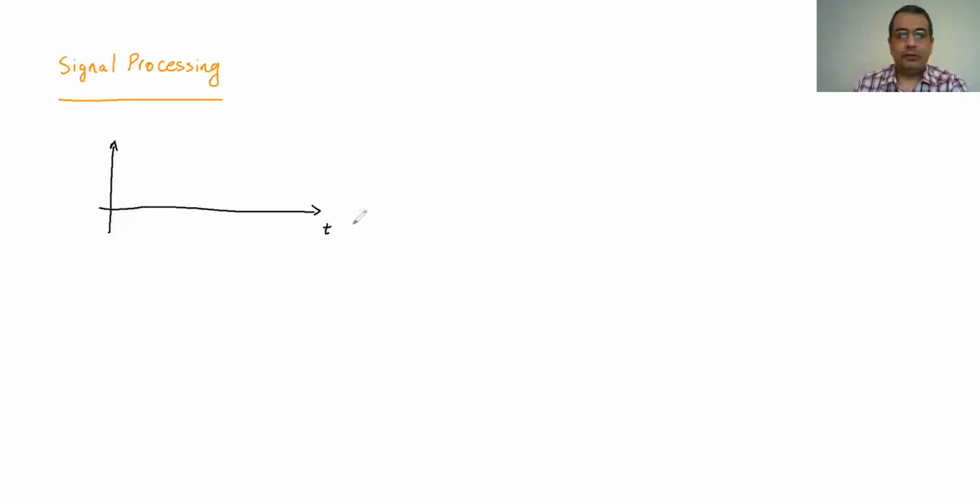Then you will see how it changes over time, and you usually get some kind of signal, and you try to look at it and see what types of information that signal has.